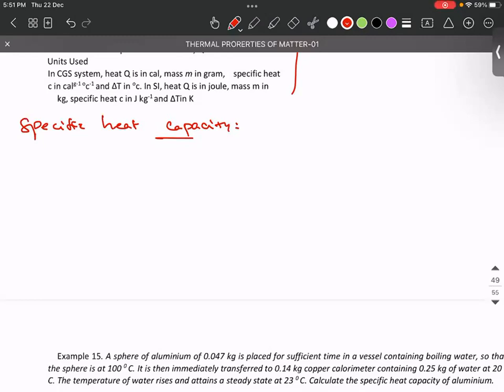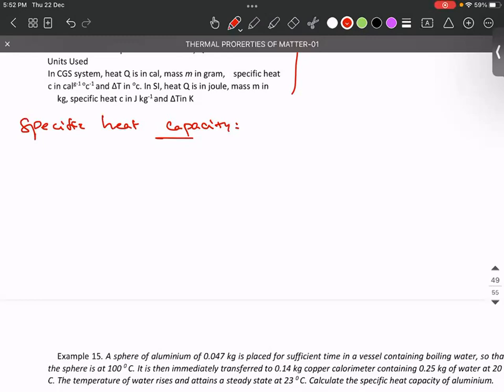It is the amount of heat required to raise the temperature of unit mass of a substance through 1 degree Celsius or 1 Kelvin.